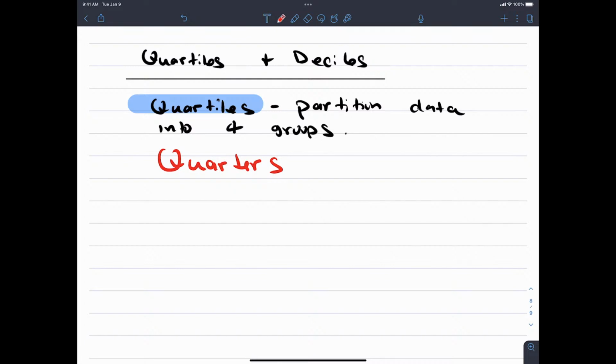But you're going to partition your data now into quartiles. That means quarters. So let me give you guys the definition of what's called the first quartile. Okay? We put Q1.